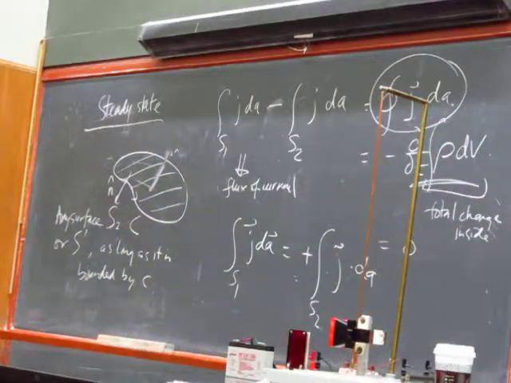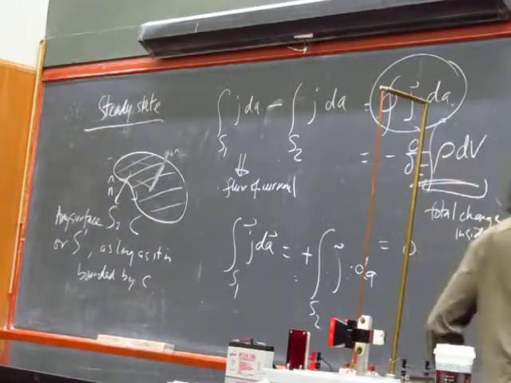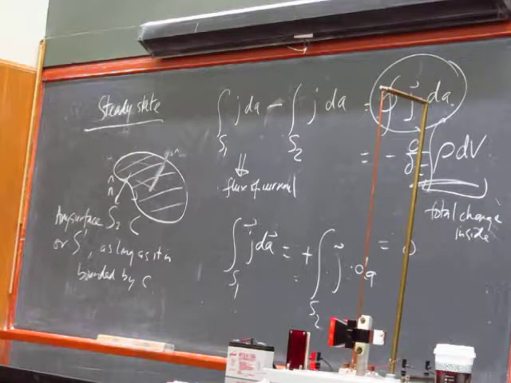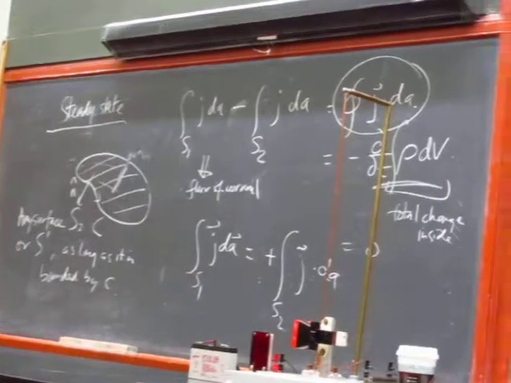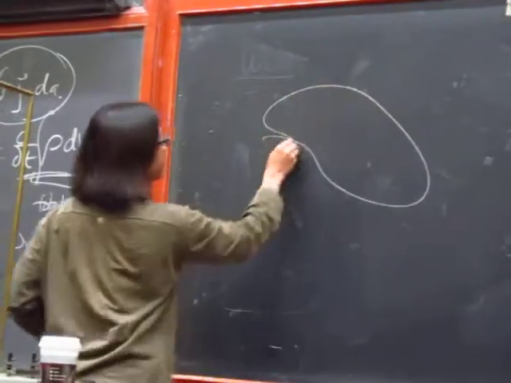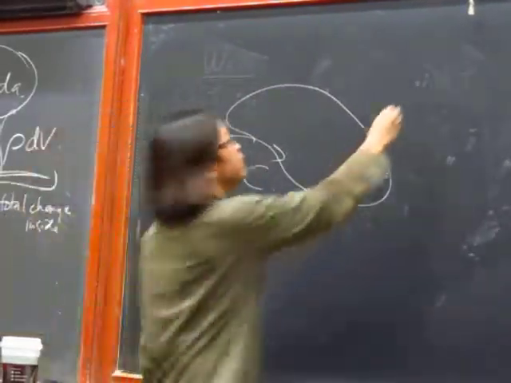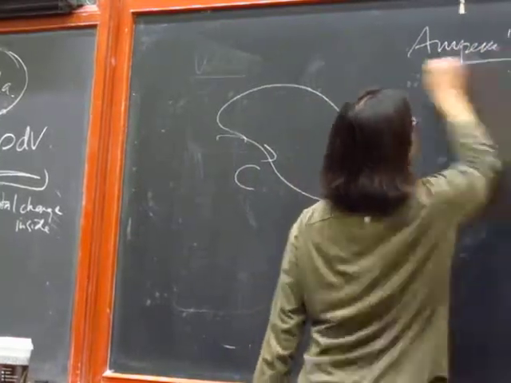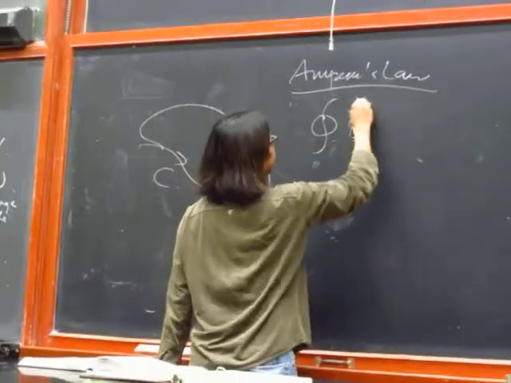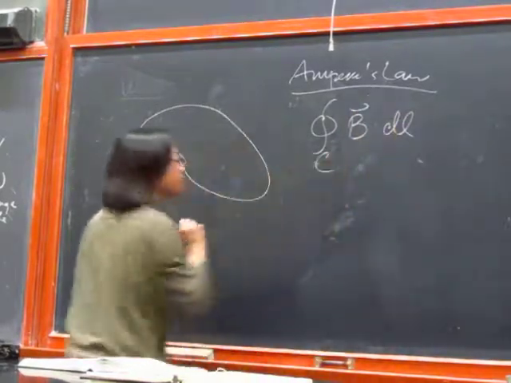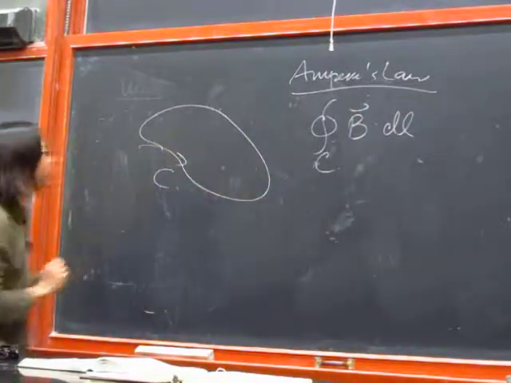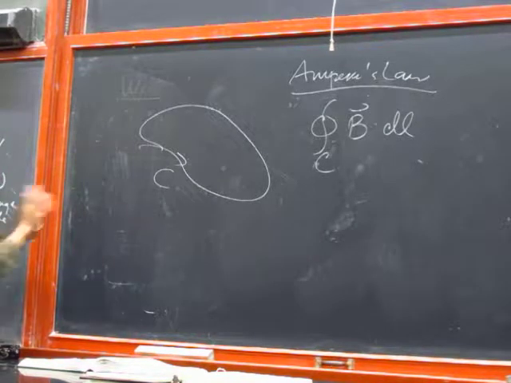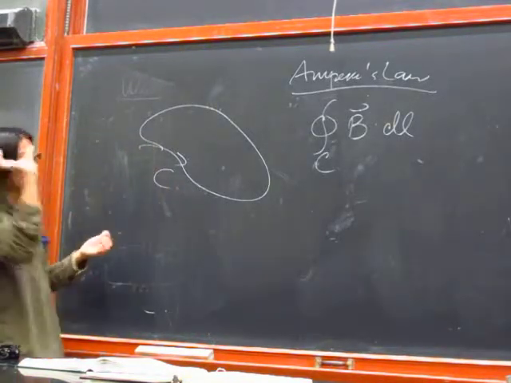Okay? So with that, I can express Ampere's law. If I have a surface, then Ampere's law says that the integral of B dot dL around C, this closed loop, has to be equal to mu naught times the integral over that surface of J dot dA. By the way, you also have to make sure that you're consistent with the right-hand rule.